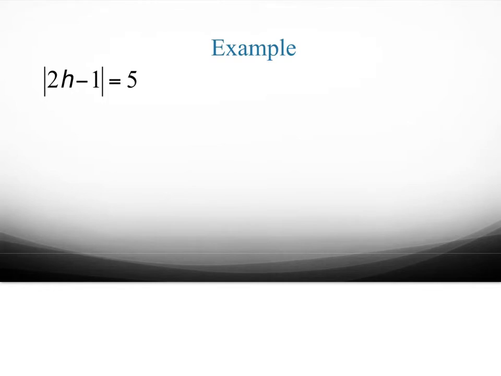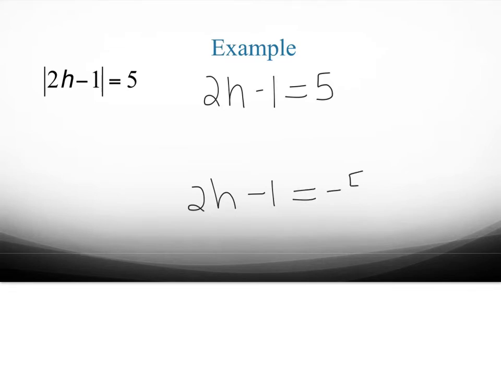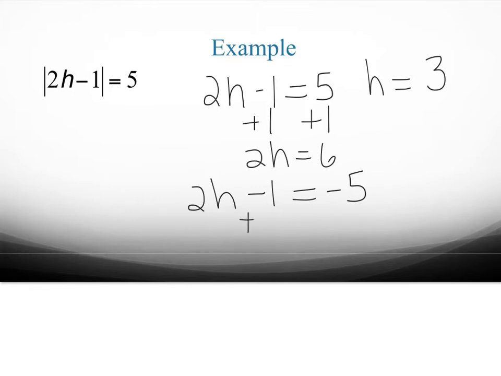If we have 2h minus 1 with the absolute value, and we know that that's equal to 5, to solve this, I'm going to drop the absolute value bars, set it equal to 5, and then in my other equation, set it equal to negative 5. You'll go through and solve these, and you'll actually end up with 2 answers.